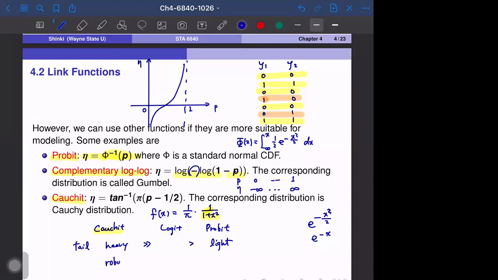That means if there are some extreme observations or outliers, then the Cauchy is more stable. But sometimes Cauchy is less efficient to estimate parameters. So this is the property of the Cauchy, logit and probit functions.